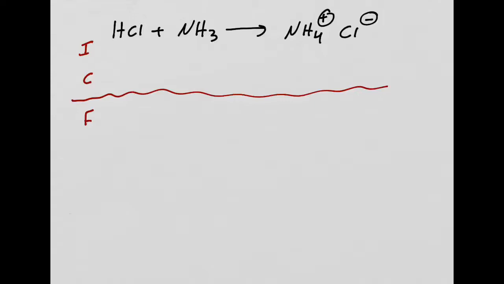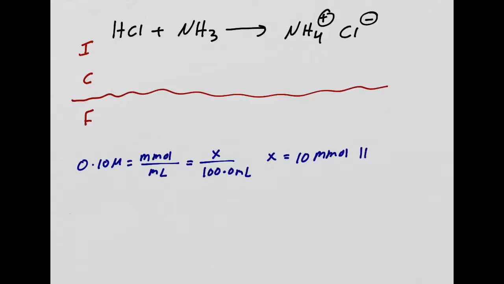Now I have the molarity of hydrochloric acid, which is 0.10 molar. Molarity is moles per liter, or molarity could be millimoles per ml. And I kind of like that in these problems because it gives me a nicer number. The volume of hydrochloric acid is 100 ml, so I can figure out the millimoles, which is 10 millimoles of HCl.